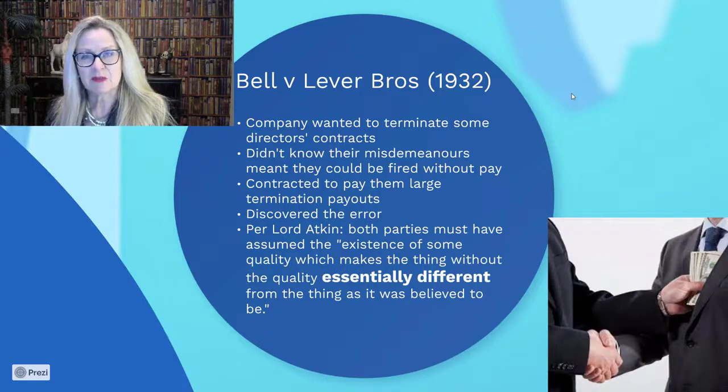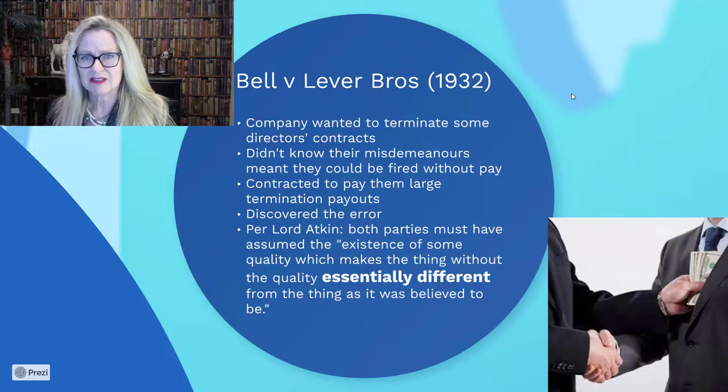This gets back to my comments in video 1. It's got to be something pretty darn important, pretty essential, that goes to the root of the contract, and it really is quite a different contract without this thing, whatever has been mistaken.